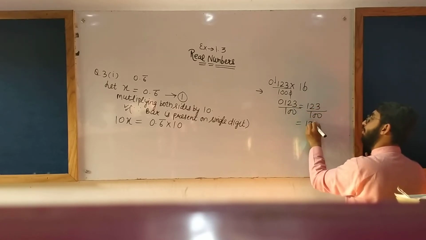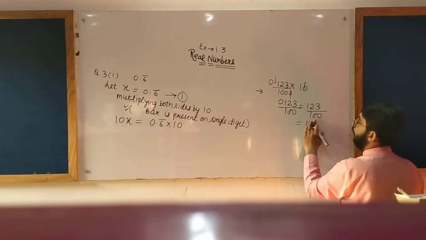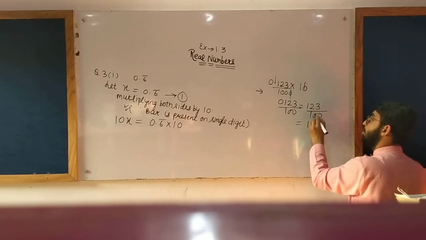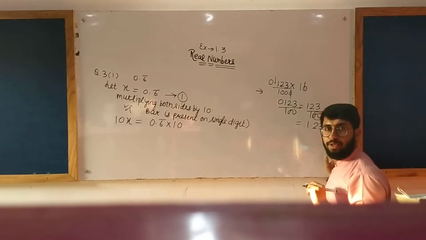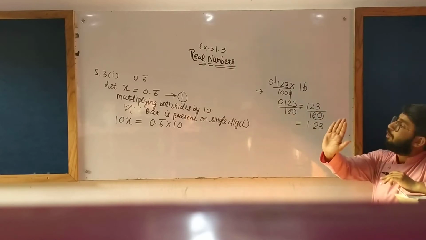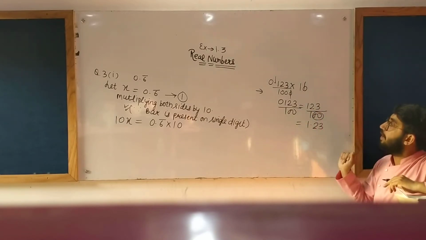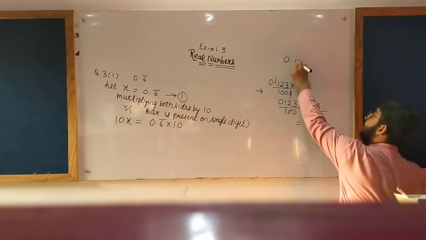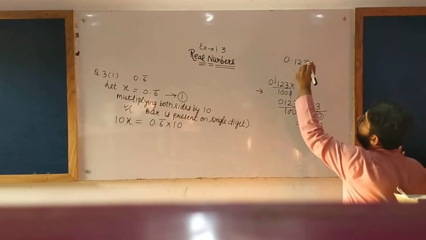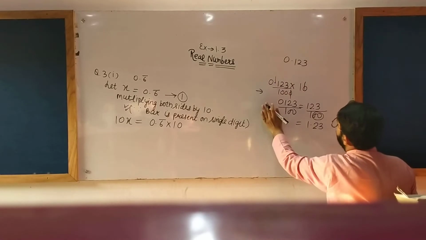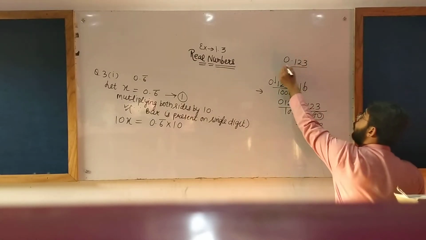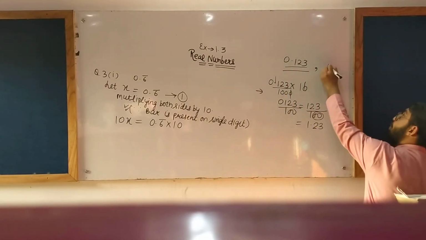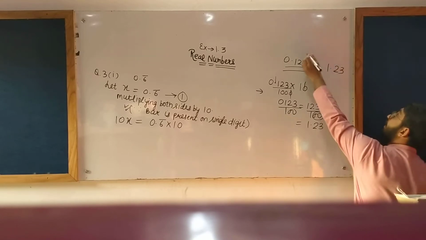It will be 1.23, because there are 2 zeros in the denominator, so the decimal comes before 2 digits, that is before 23. Now 0.123 was the input.